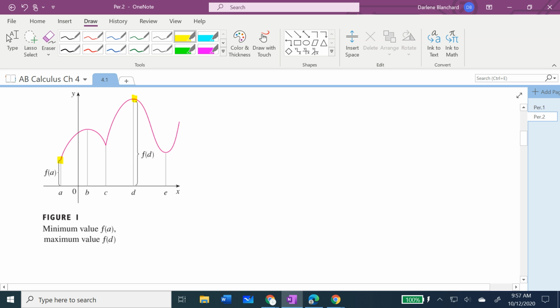So those are your absolute minimums and maximums. Absolute minimum is f of a, the actual y value itself. Your absolute maximum is f of d. If you look around, though, there are several local minimums and maximums.